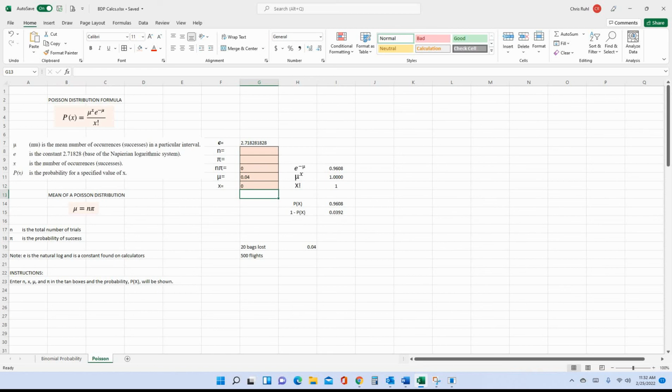Another example, Coastal Insurance Company underwrites property for beachfront properties in Virginia, North and South Carolina, and Georgia. And they're concerned about hurricanes.